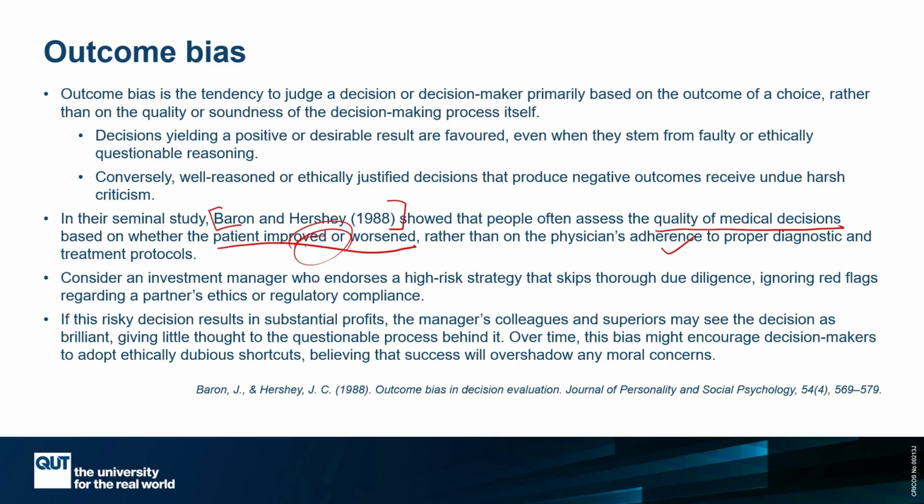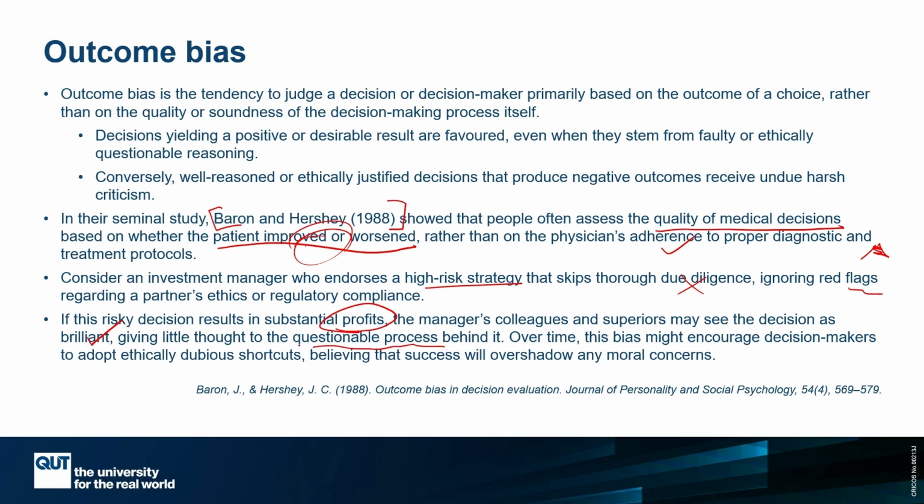So if you had an investment manager who takes a high-risk strategy without doing due diligence and ignores red flags, but it becomes profitable, the managers and colleagues probably see the decision as brilliant. They don't actually question the process of decision-making.